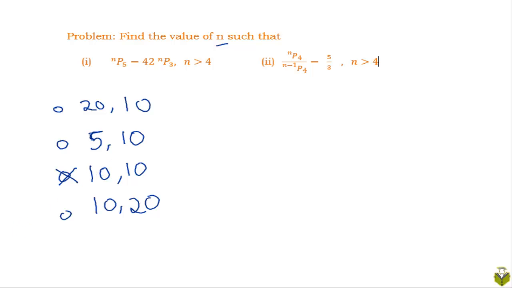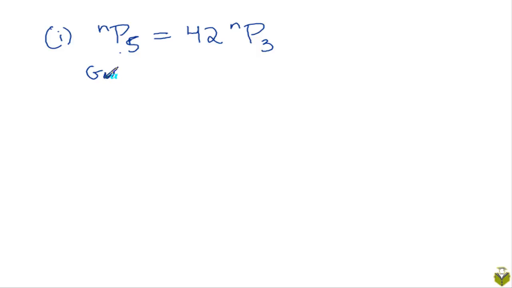Let us try to solve this problem now. The first one was nP5 is equal to 42 times nP3, right? So we are given this and we have to solve for n.